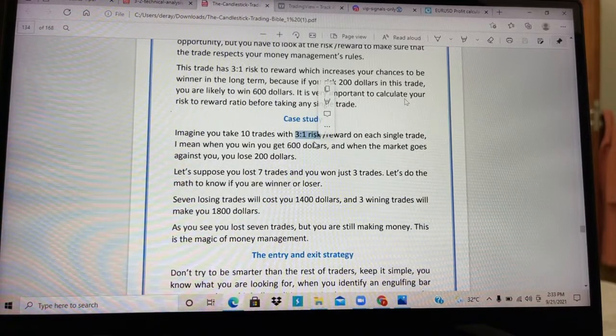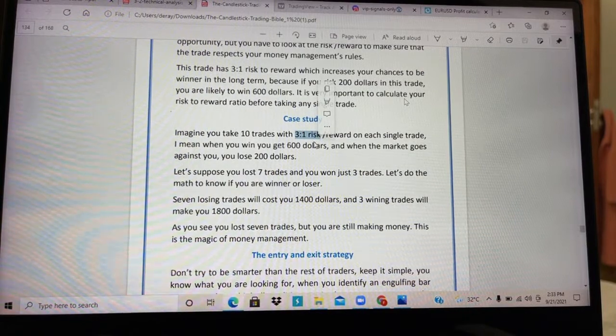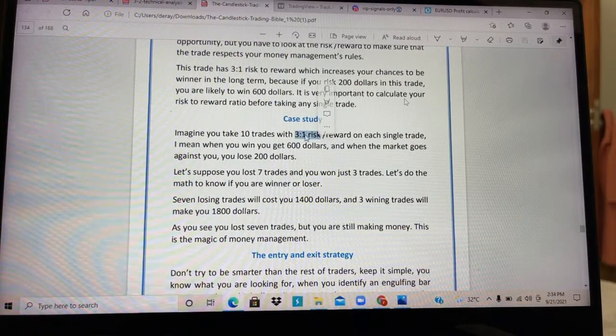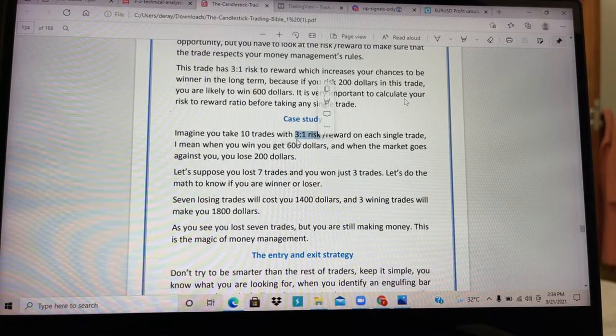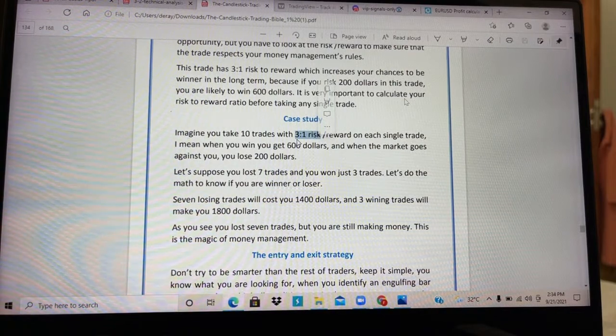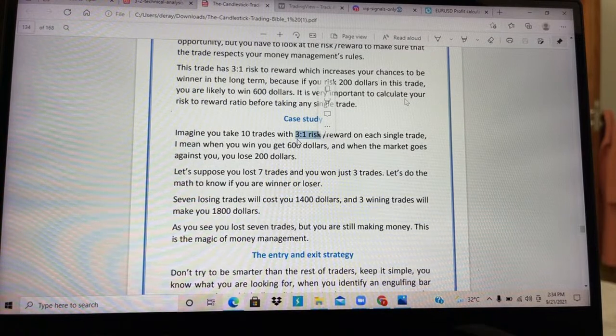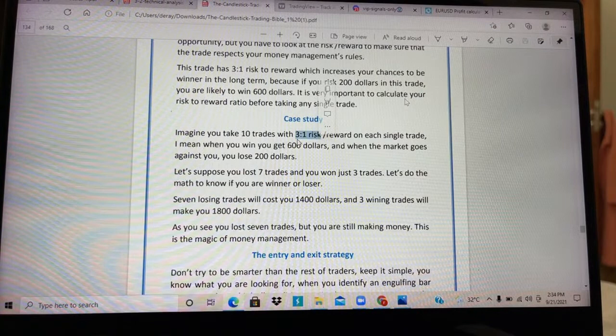Every time we win, we make $3, and every time we lose, we lose $1. So we lost 3 trades, that's $3, because every time we lose we're only losing $1 for the week.